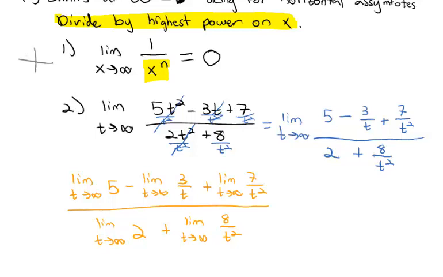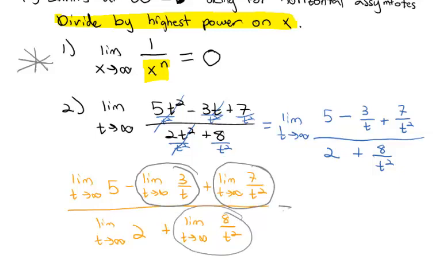Don't forget, number 1 up here on the screen, the limit of 1 over x is always equal to 0. So the 3 over t, that's 0. The 7 over t squared, that's 0. The 8 over t squared, that's 0. All that's left is the limit as t goes to infinity of 5 in the numerator.